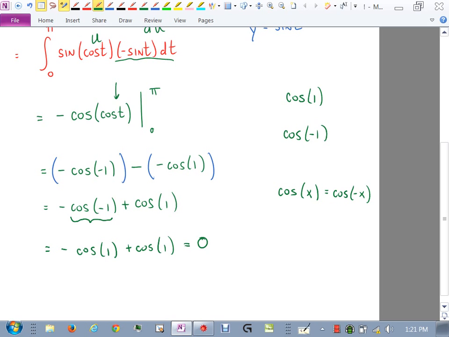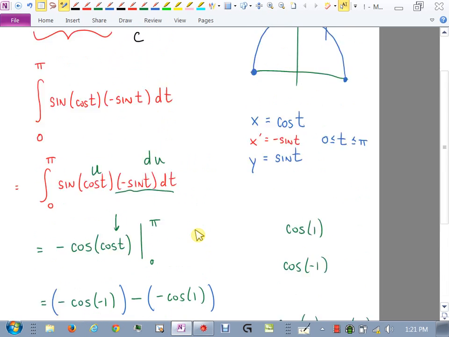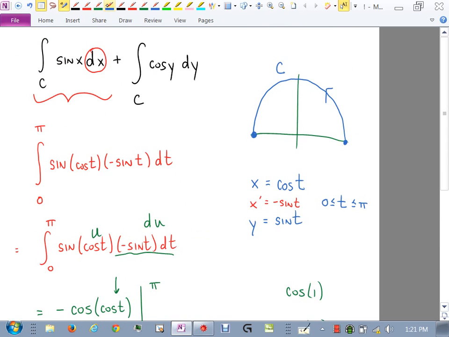That's just that first part of the line integral. Now I need to go do the other one. So I'm going to do this on the next page. This one right here. Now what are we going to need in order to do that? We're going to need y prime, right? So let's get y prime real quick. This cosine t, right? So let me set this up on the next page.